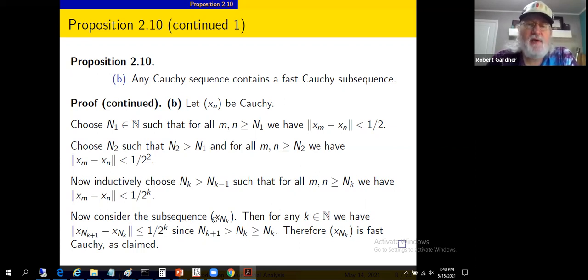Then consider the subsequence x sub capital N sub k. Well, we made this subsequence such that the norm of x sub capital N sub k plus 1 minus x sub capital N sub k is less than or equal to 1/2 to the k. Right? Where k is the index on the term with the smaller index.